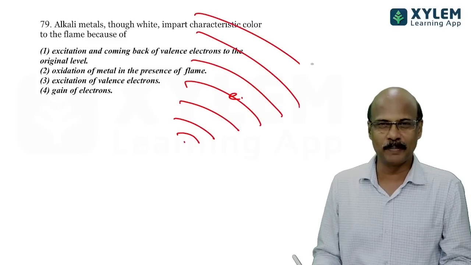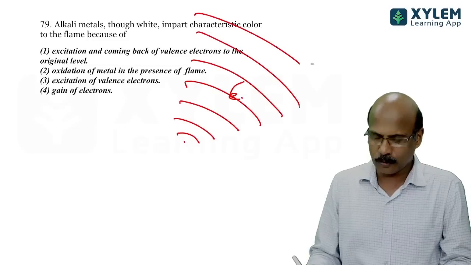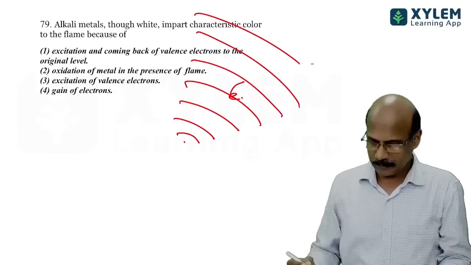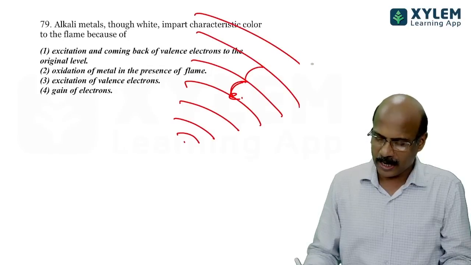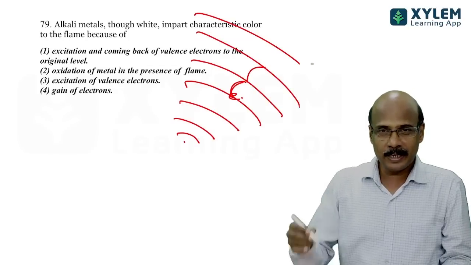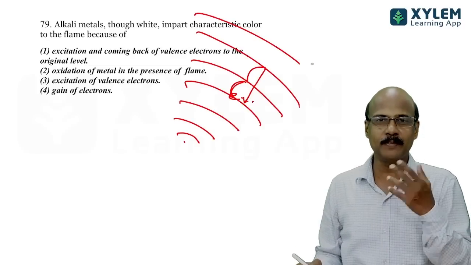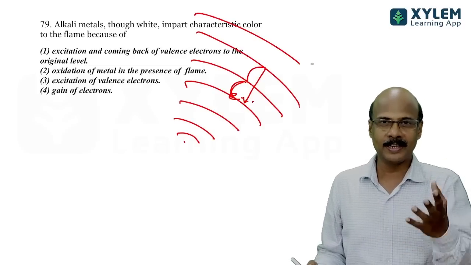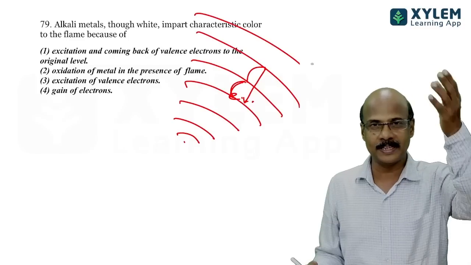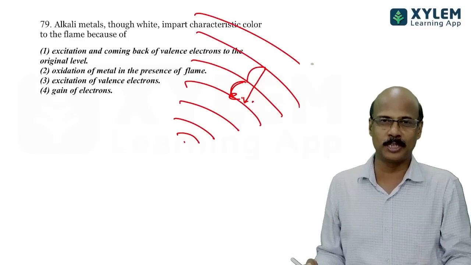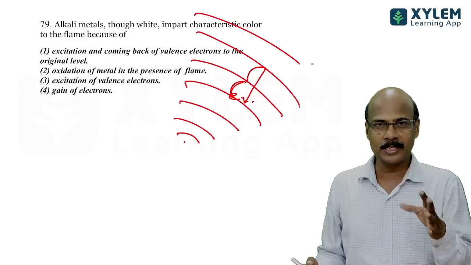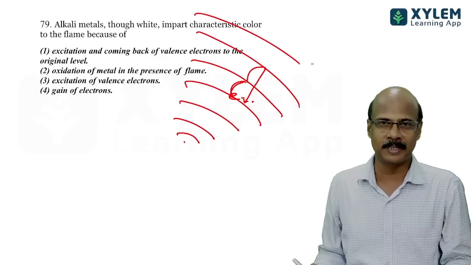So according to the Bohr concept, there are a lot of orbits around it. So it is excited to a higher energy level. When these electrons return, they emit light in the visible spectrum. So that color is observed. That is, when the excited electron returns to its original position, the light emitted will be in the visible region.